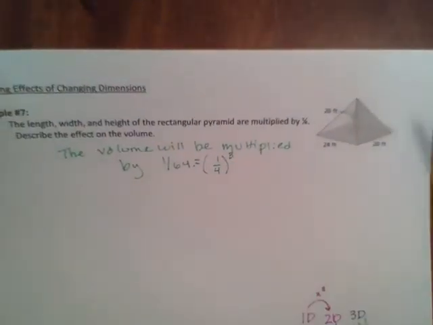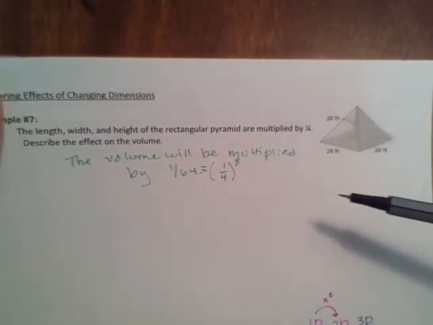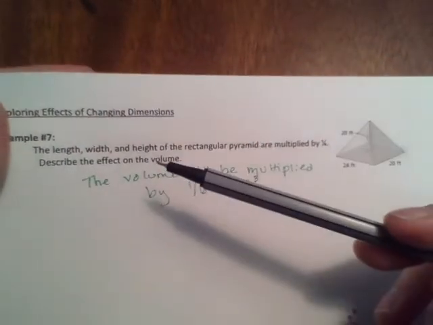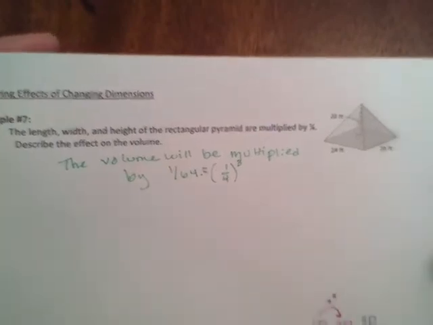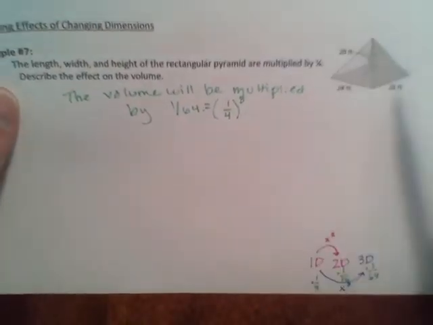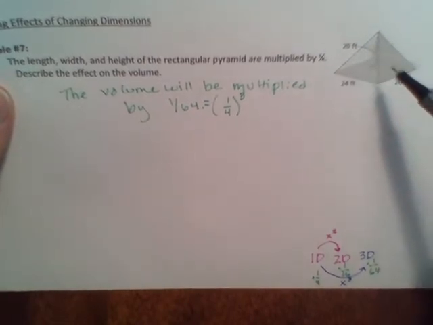All right. They do actually have an image here that you could go ahead and actually find the original volume and then the new volume. But it turns out that all it's asking is to describe the effect of the volume. And so we don't need to actually find it to be able to describe it. But of course, you could take the time to find the volume of this rectangular pyramid.